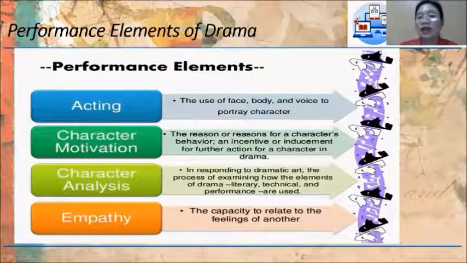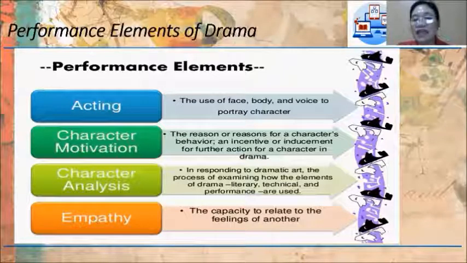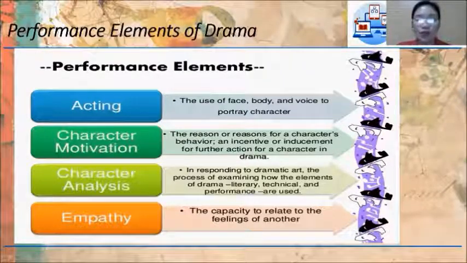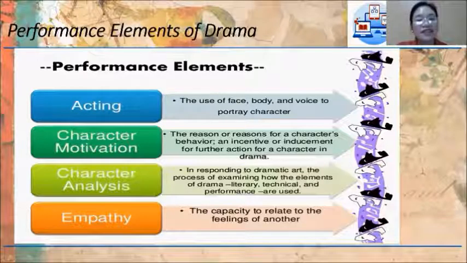And then character motivation. The reason or reasons for characters' behavior, an incentive or inducement for further action for a character in a drama. Now we have also character analysis.